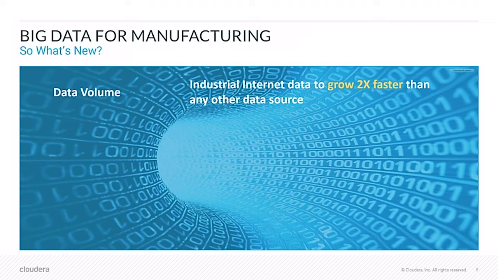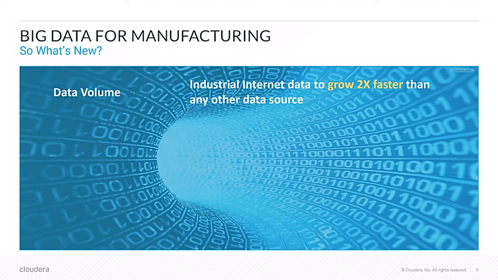So you're starting to see sensors proliferating, and when you buy new equipment, it's typically very sensor rich. The other thing is these sensors are connecting through internet types of technology, so it's very easy to connect them. So because of all those reasons, the data from machines, from smart factories, is projected to grow twice as fast as any other data source, and that's including social media.